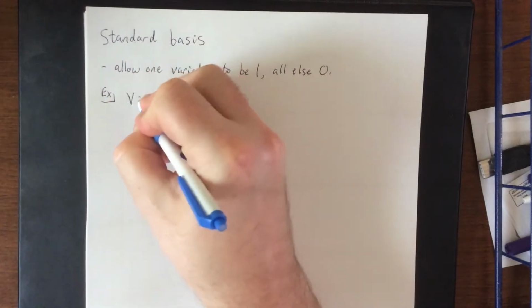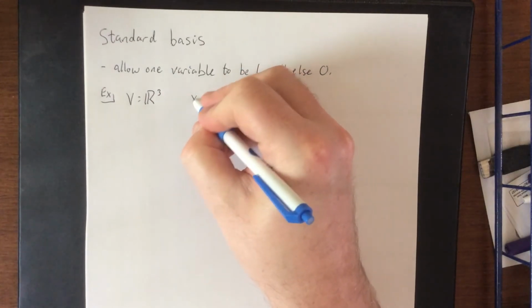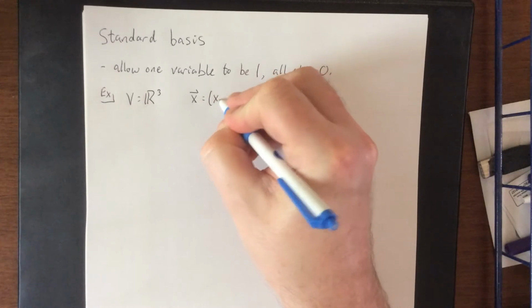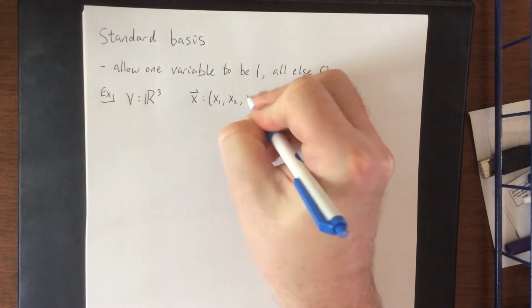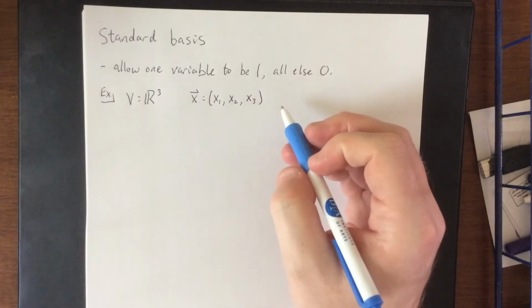When we're dealing with a vector space that is R3, for example, a sort of generic looking vector within R3 would probably take the form x1, x2, x3, where x1, x2, and x3 can each represent any real number.